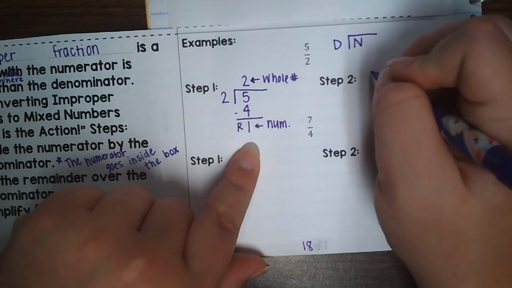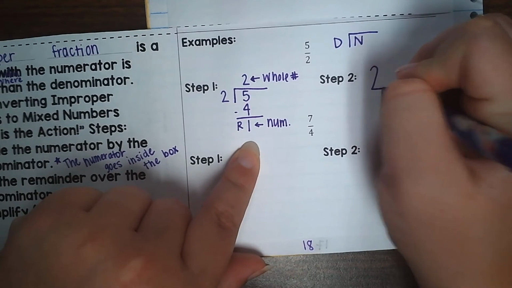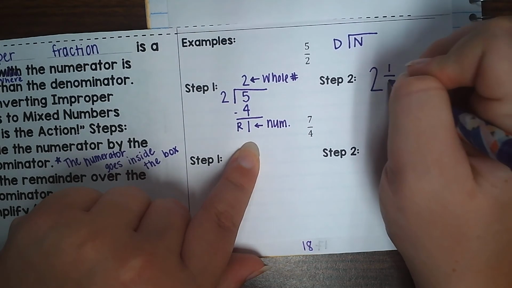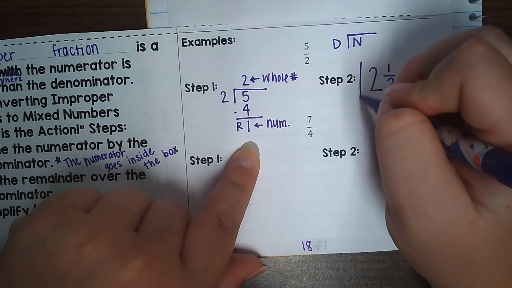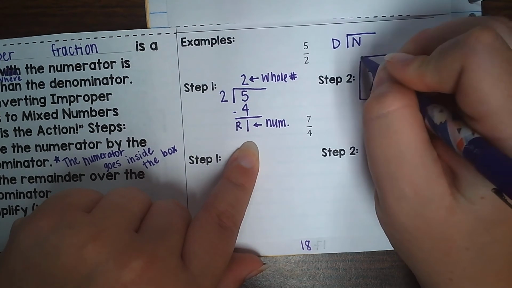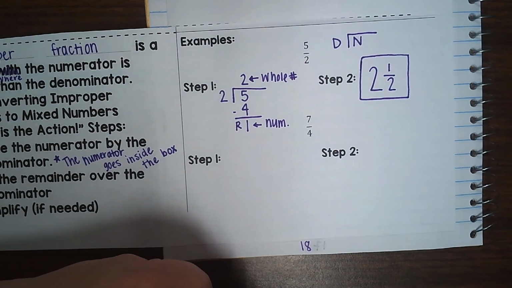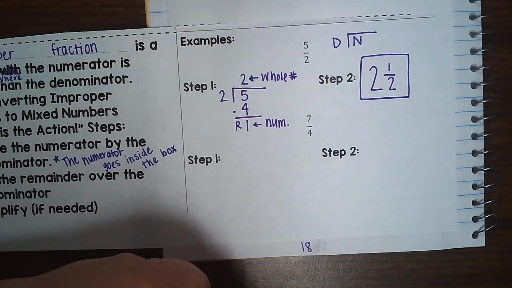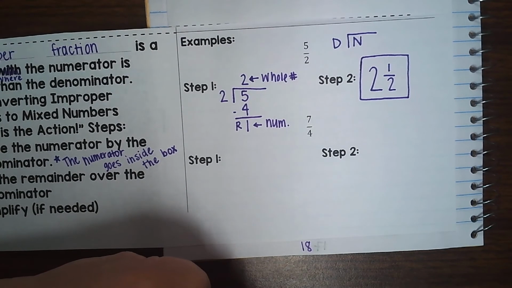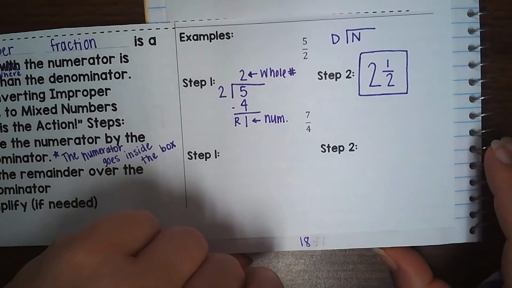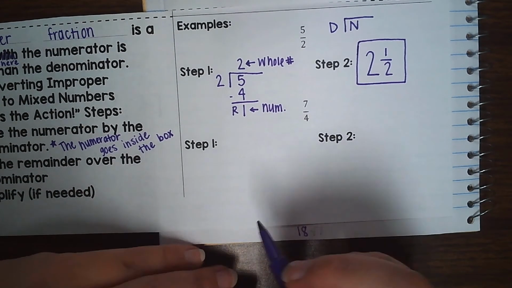So for our answer, it would be 2 and 1/2. That can be a little bit confusing, so let's try our next example.